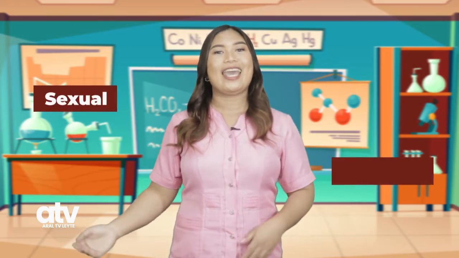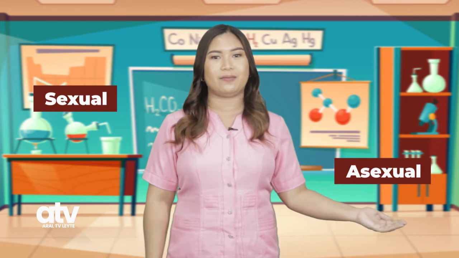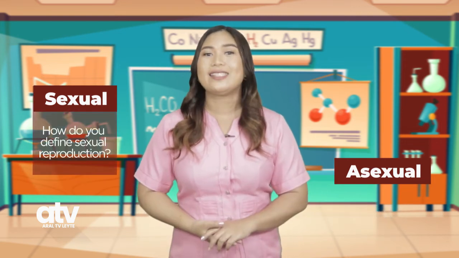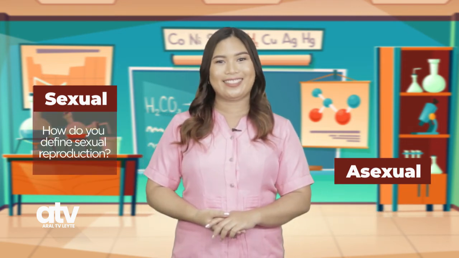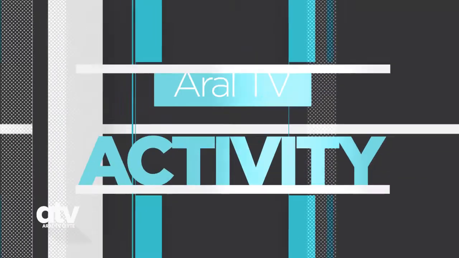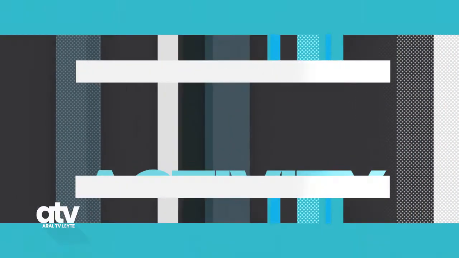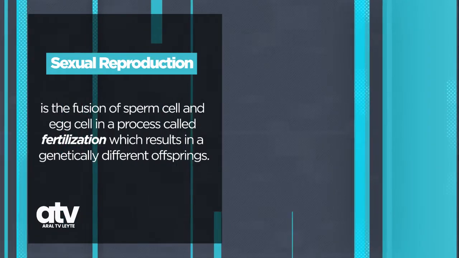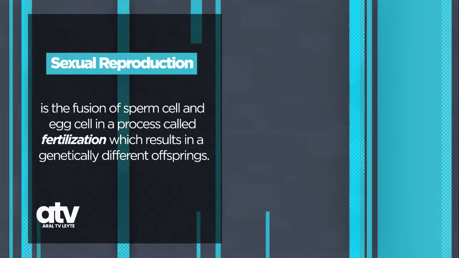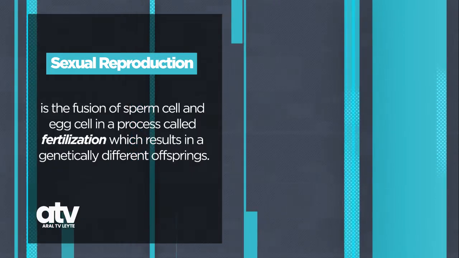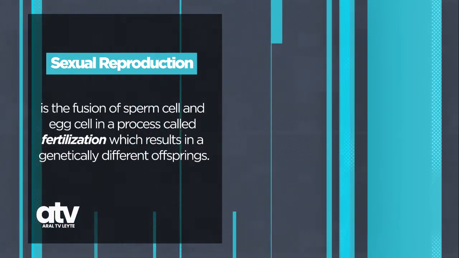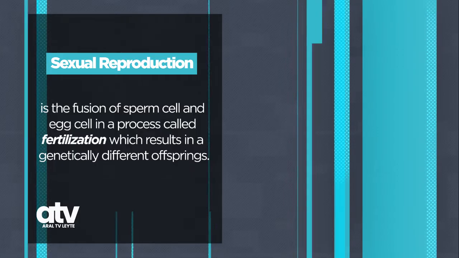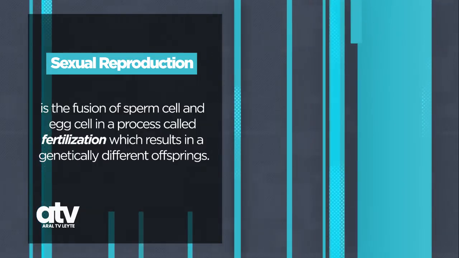There are 2 modes by which animals reproduce: sexual reproduction and asexual reproduction. How do you define sexual reproduction? Sexual reproduction is the fusion of sperm cell and egg cell in a process called fertilization, which results in genetically different offsprings.